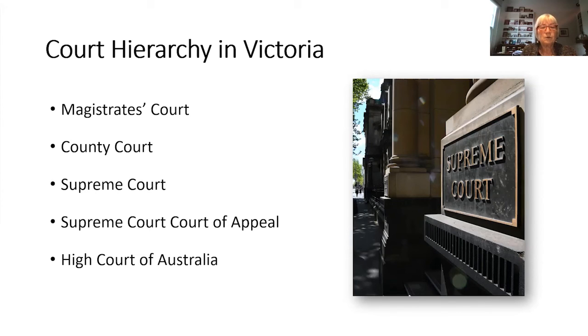From the County Court, if you don't like your sentence or conviction in the County Court, you can appeal to the Supreme Court Court of Appeal. But that means that you have to demonstrate an error of law. So to get your appeal up to the Court of Appeal, you have to show that there was an error of law. It could be an accused who's appealing, it could be a prosecution. But in either case, they have to show that there's been an error of law.